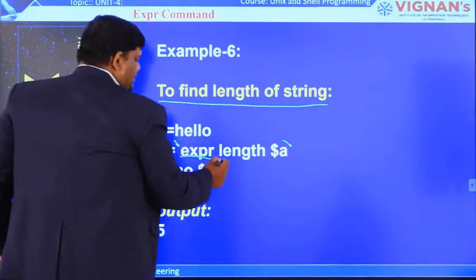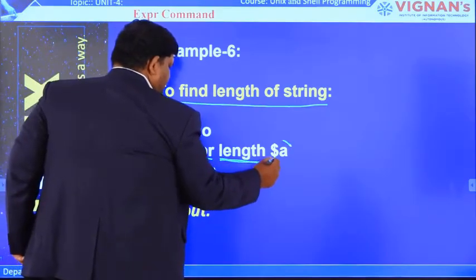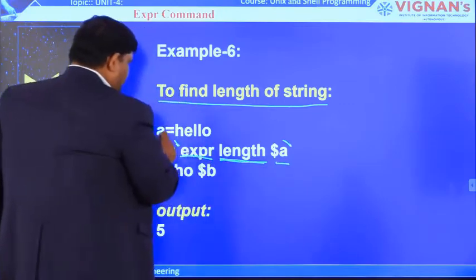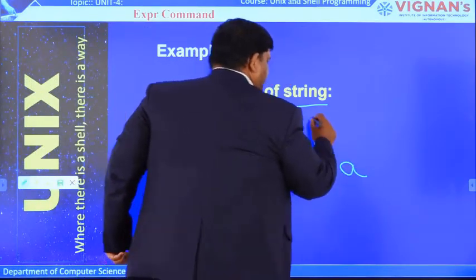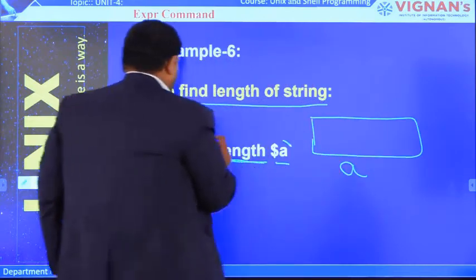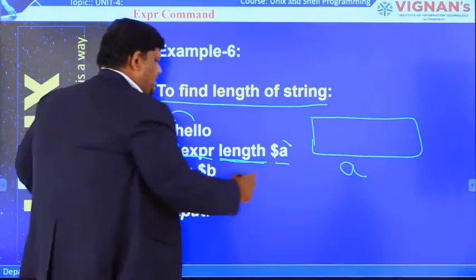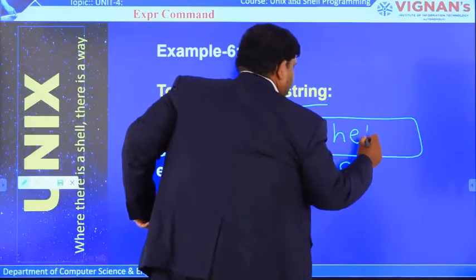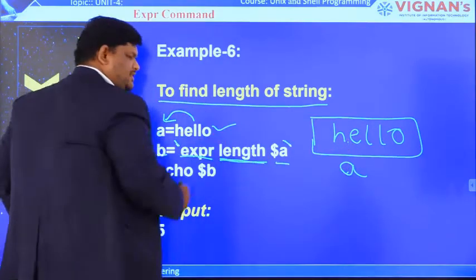So expr, with the help of this length command, then $A. Assume the variable A contains the value HELLO. Here we are assigning this value to this variable, so this variable contains this value. This is the first statement.